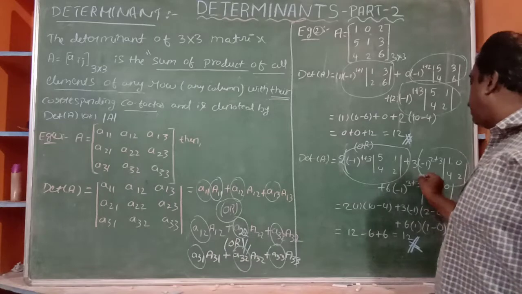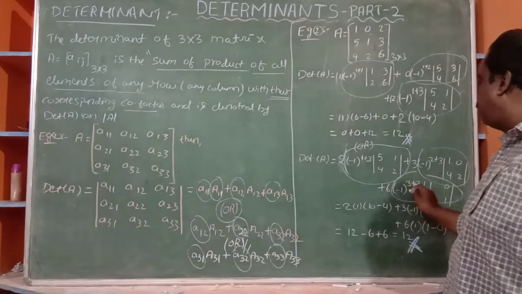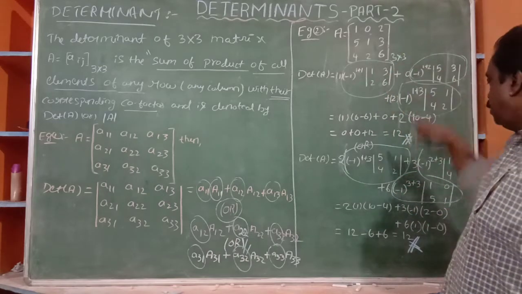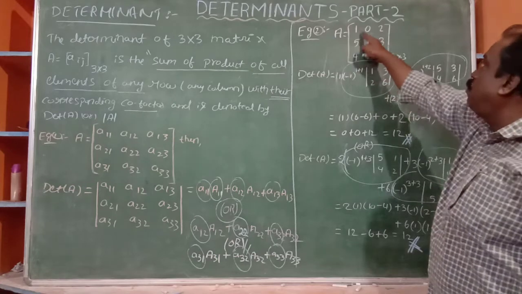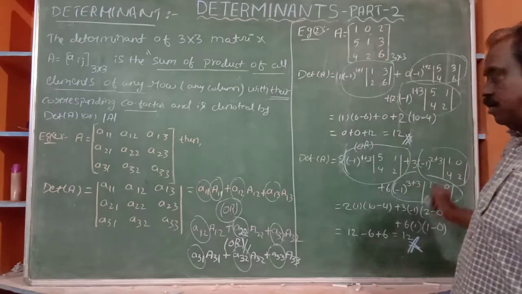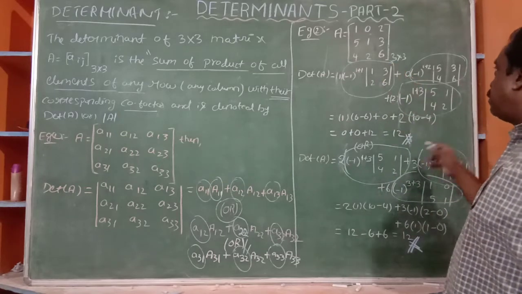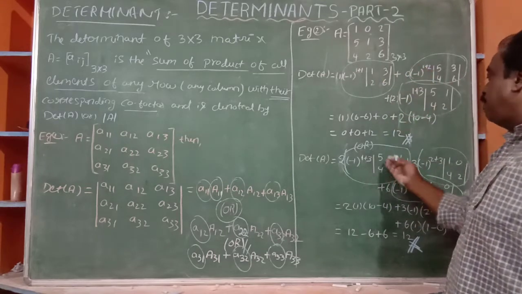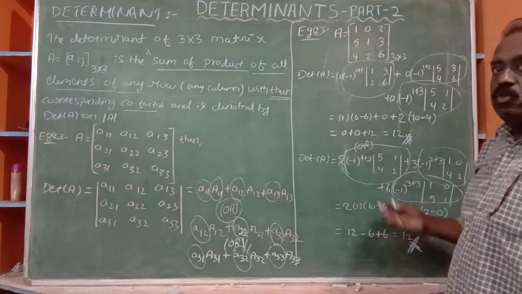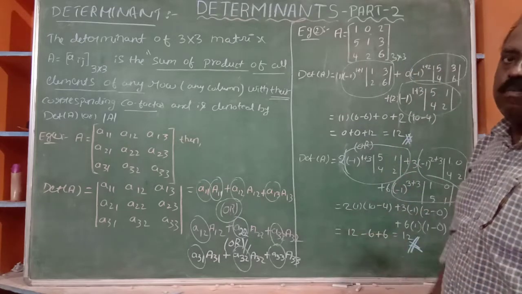So minus 1 power 3 plus 3, third row, third column. After deleting, we get 1, 0, 5, 1. That cofactor is multiplied by 6, this cofactor by 3, and this cofactor by 2. Those are the corresponding cofactors.